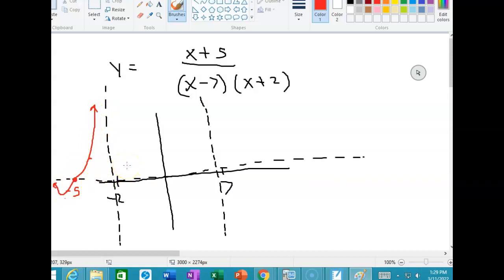Always a good idea to get the y-intercept. If I plug in x equals 0, I would get 5 over -14, or just a negative number. Remember, I went over this before. Whenever you have this situation, you're going to see either these s's or the u's. The only place I cross is at -5, so I can't do a u like this, and I can't do one of the s's, so you have to have this u going down.